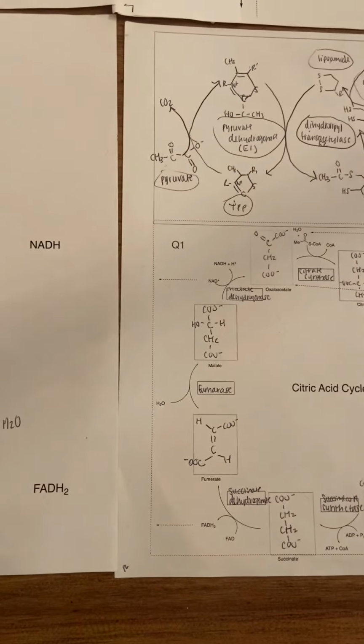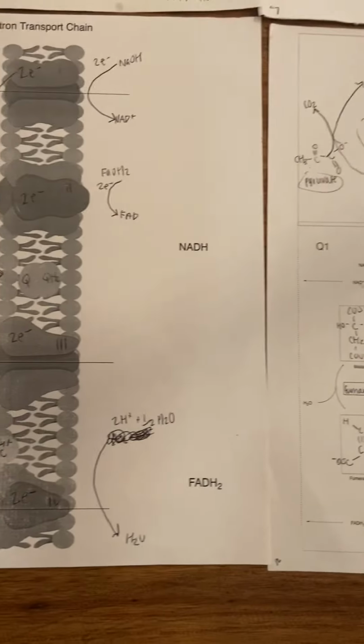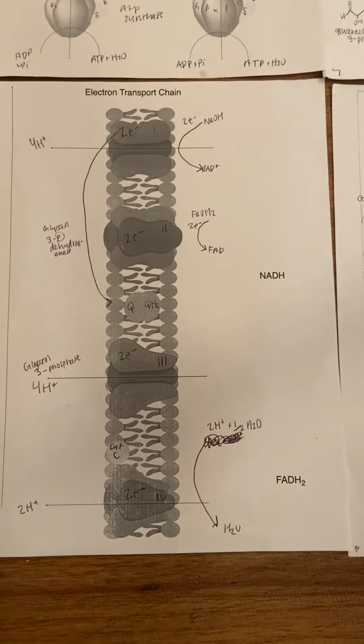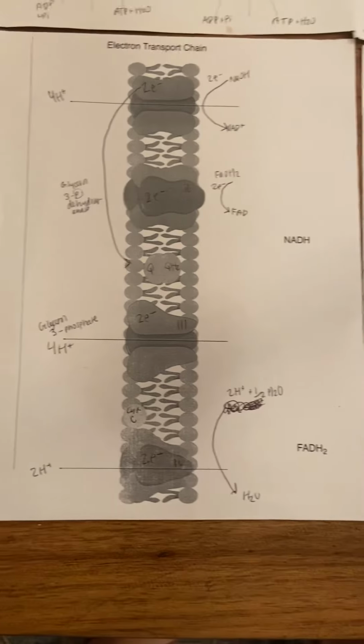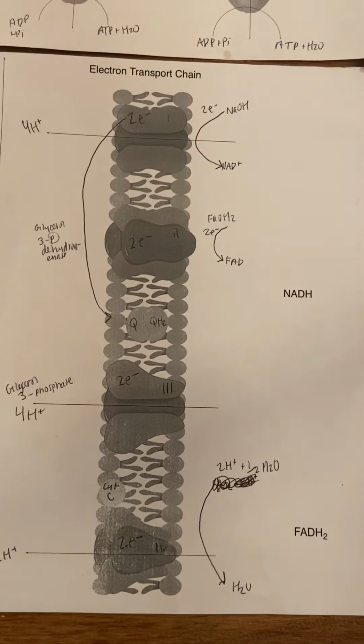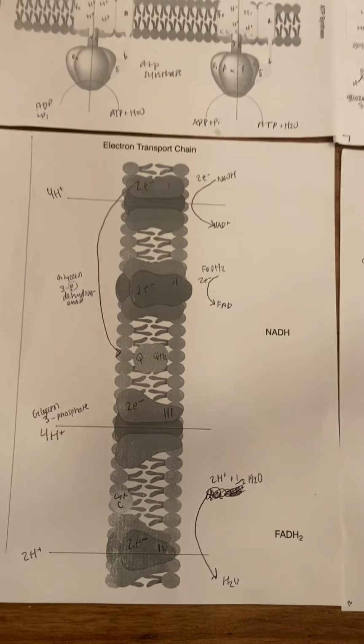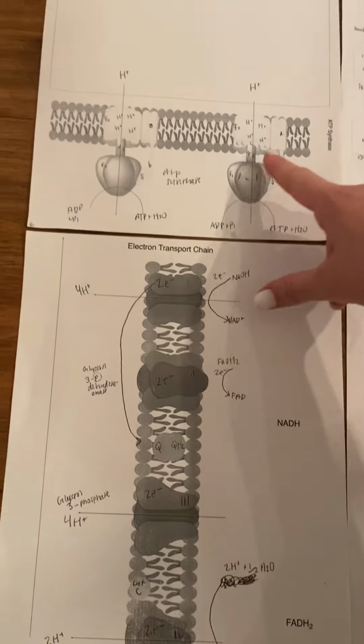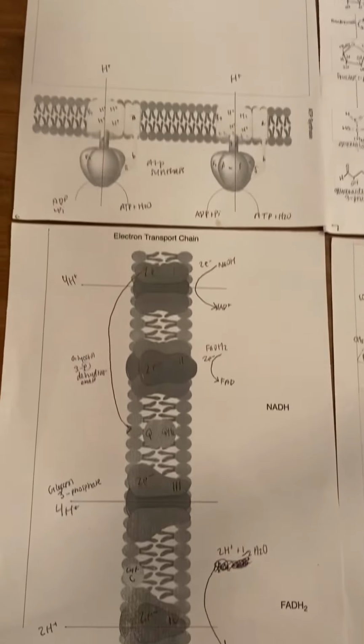So these NADH and FADH2 are very significant electron carriers that will transport electrons into the transport chain, which brings us to page 11 that we have here, as well as up here, ATP synthesis.